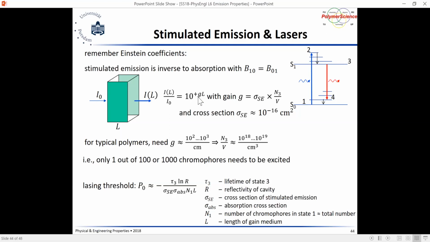The gain itself, to give you an idea of what it is, is related to the cross section times the carrier density, the volume of the carrier density. So how many particles can be stored in that volume?